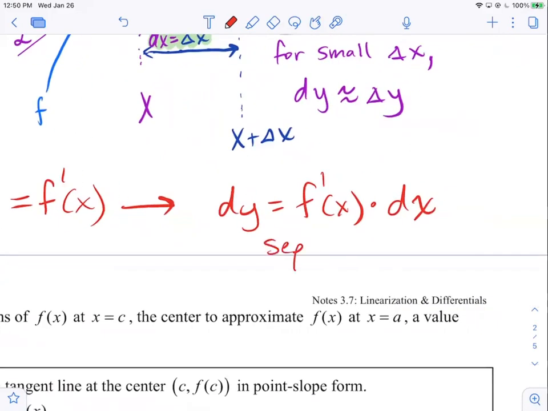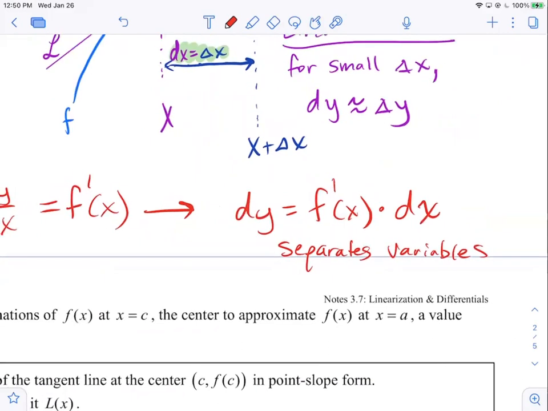What this does is it separates the variables, okay? So we get y values on the left and x values on the right. So that's the derivative in differential form.